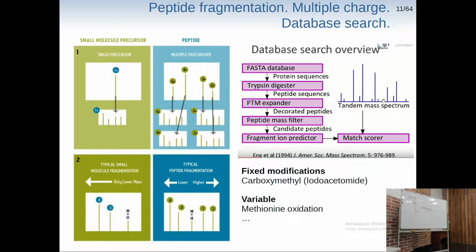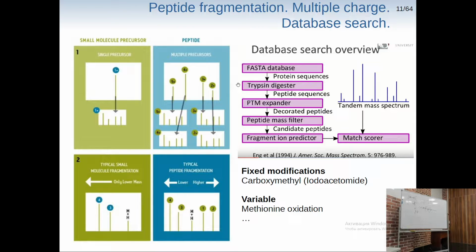Yes, but it will be done stealthily by this Mascot server. We'll only need to choose the database, choose post-translational modifications, and choose which kind of enzyme we use to cut our proteins, and that's all. It will be done automatically by this Mascot server.